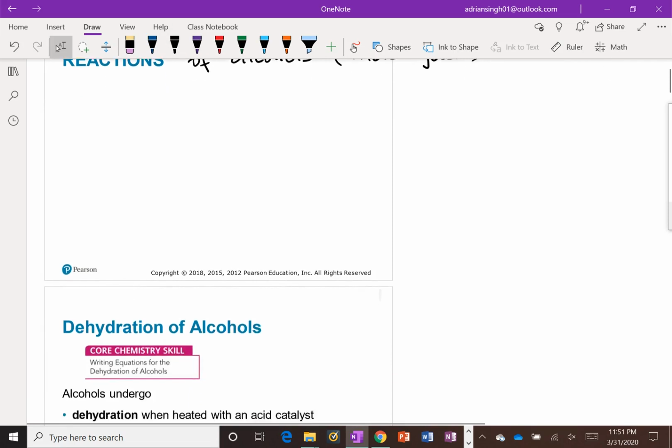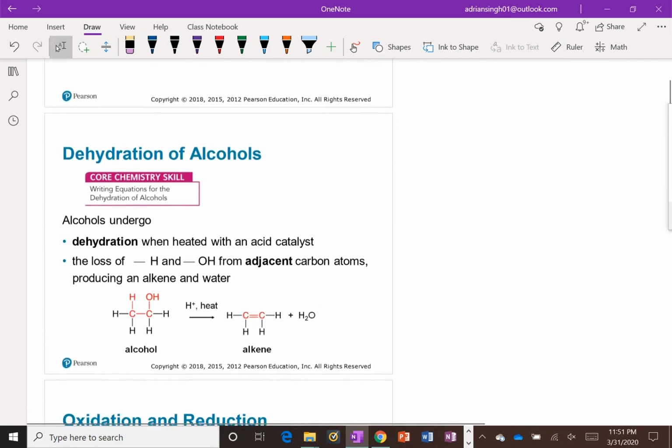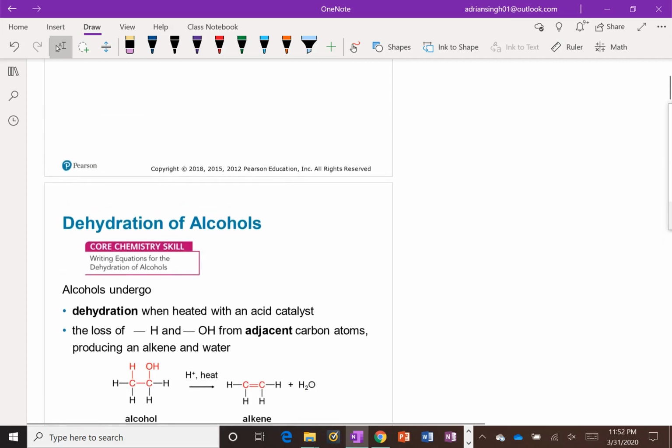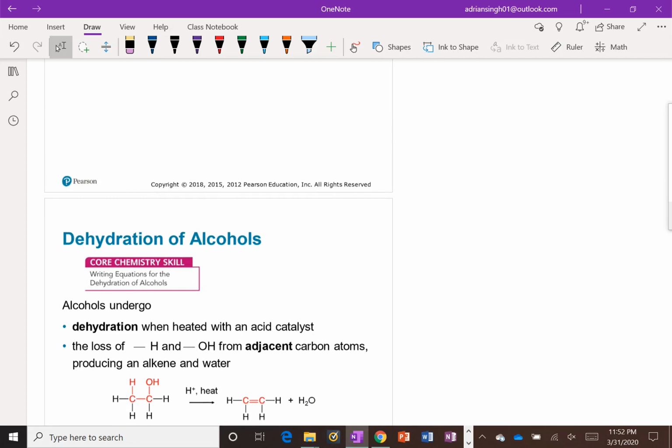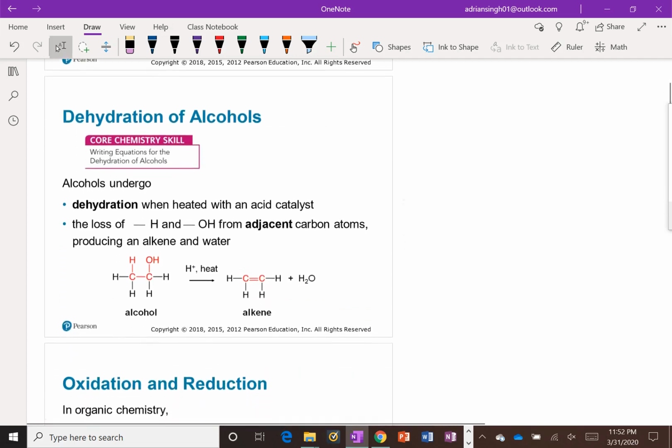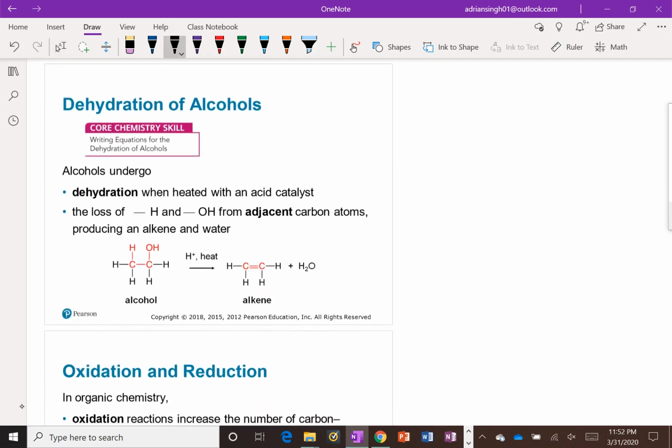Before we get to that, though, let's take a look at a thing that we're going to see quite commonly in organic chemistry, which is a reaction that is the opposite or the reverse of a reaction that we saw previously. And this here, the first one, is the dehydration of alcohols, right?